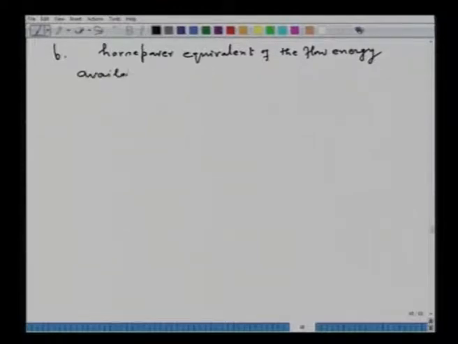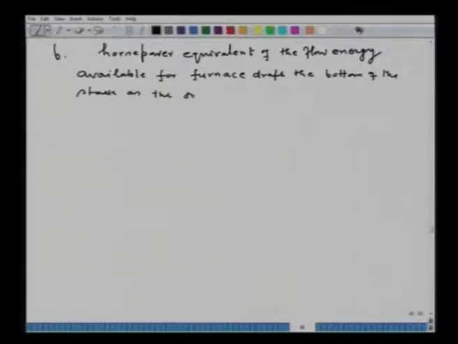B, you have to calculate the horsepower equivalent of the flow energy available for furnace draft at the bottom of the stack as the ordinate and flow rate of gas as abscissa.